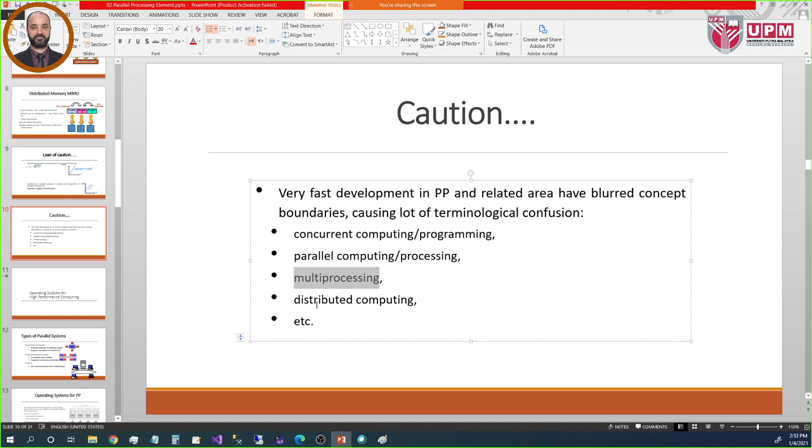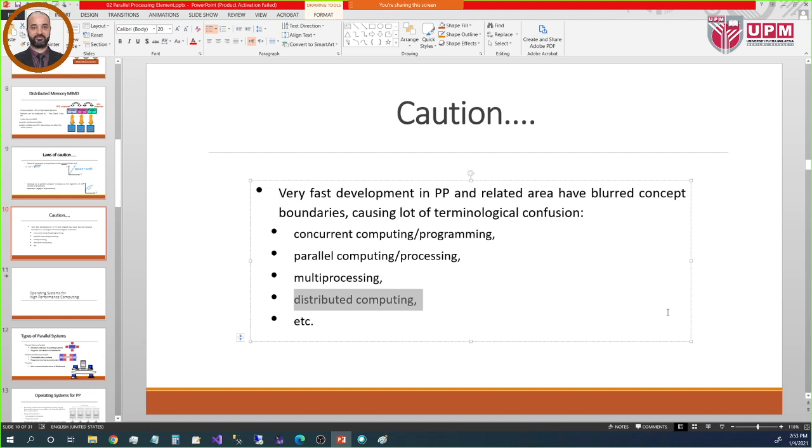Then we have something called distributed computing. Distributed computing is actually a different type of architecture. Distributed computing can run a single process on multiple units that are geographically and physically located in different places.